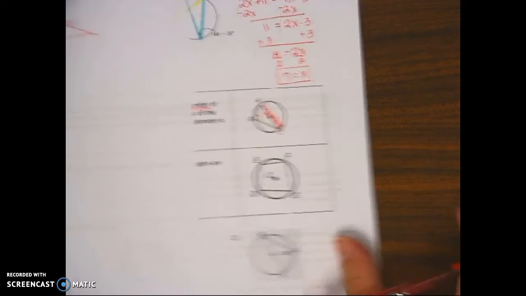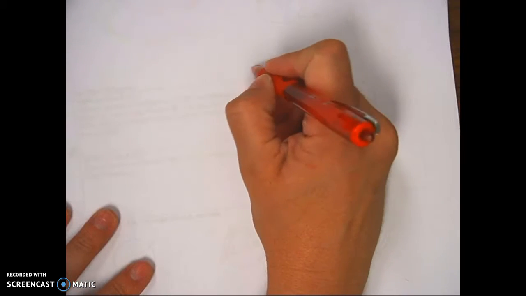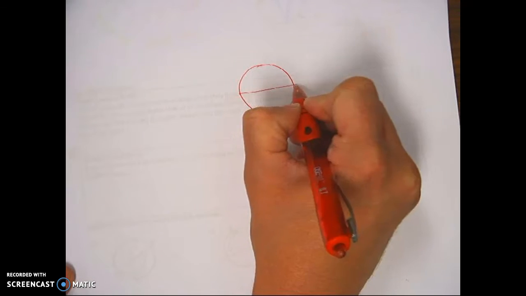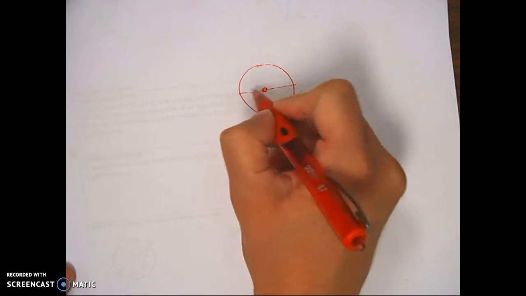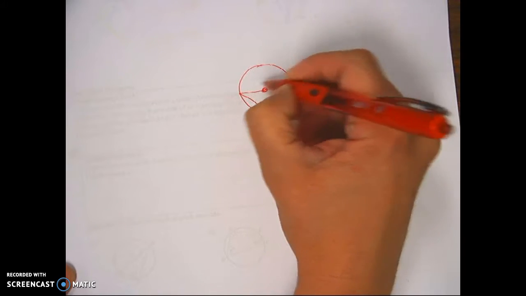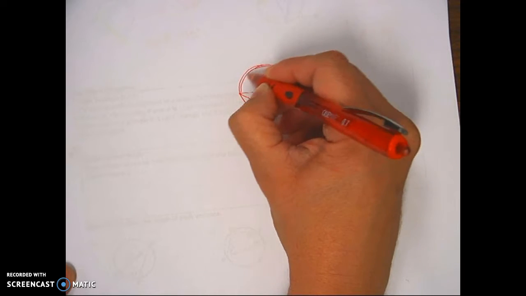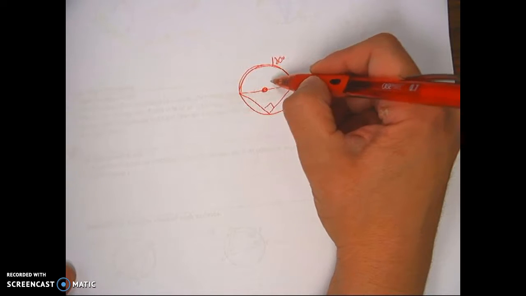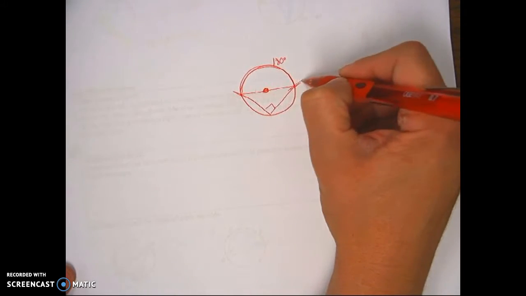Also, it makes sense with what we just talked about with inscribed angles. If you have a diameter and that's part of a triangle like this, the measurement of this arc is 180 degrees because it's half of a circle. Well, this angle is inscribed.